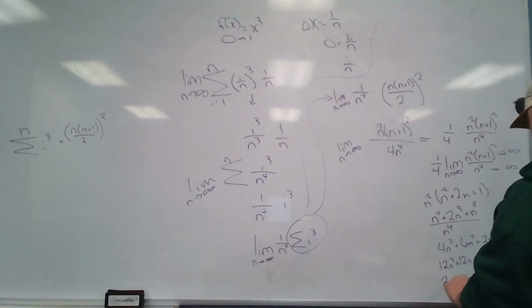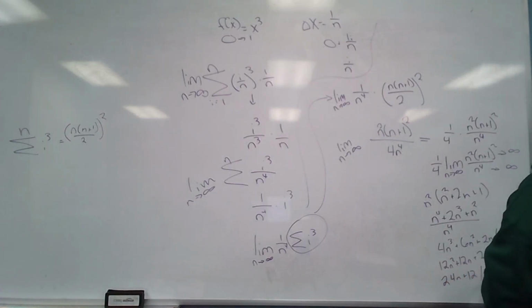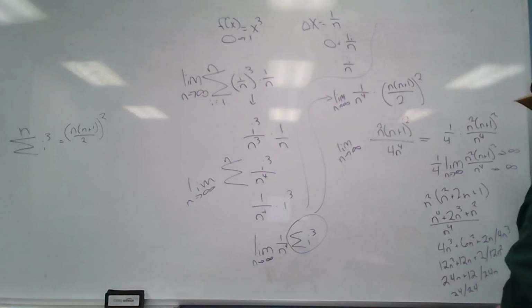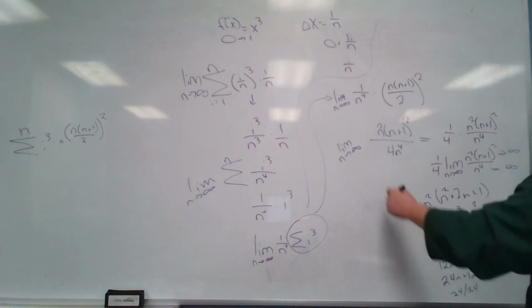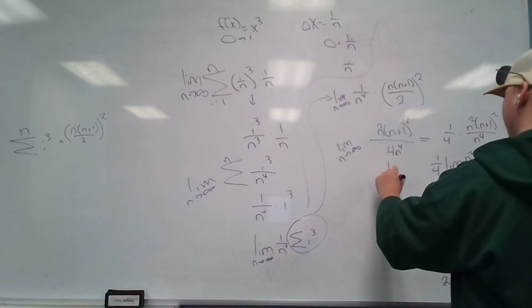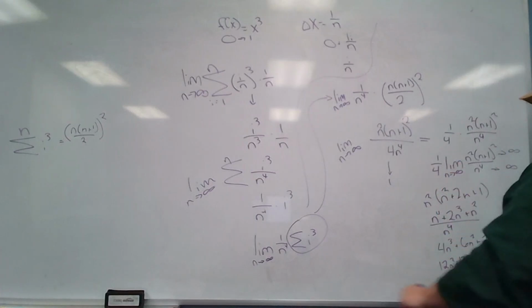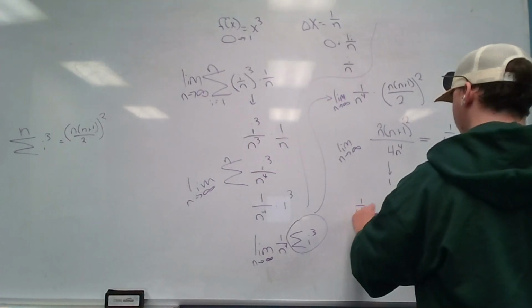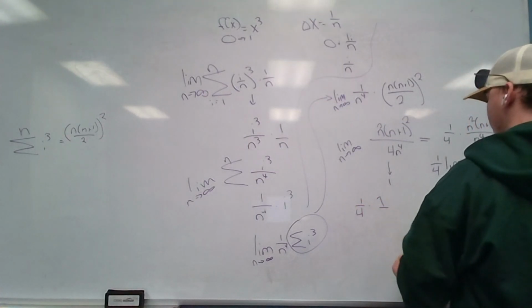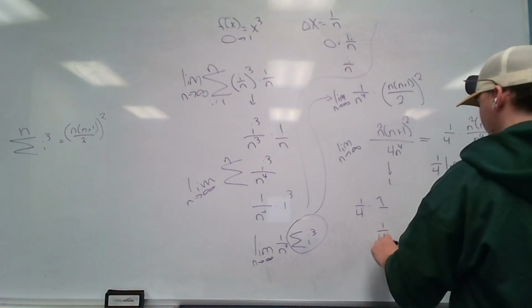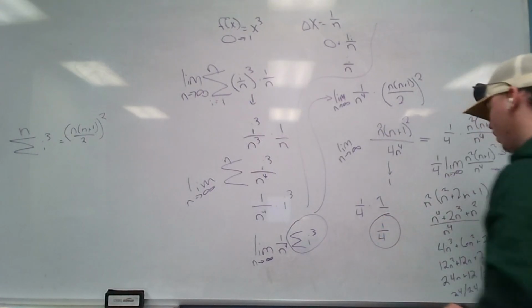Then we're going to get 24n plus 12 over 24n. And then finally we're going to get 24 over 24. And now the limit has been evaluated to be 1. So it's going to be 1/4 times 1. So our Riemann sum evaluates to 1/4.